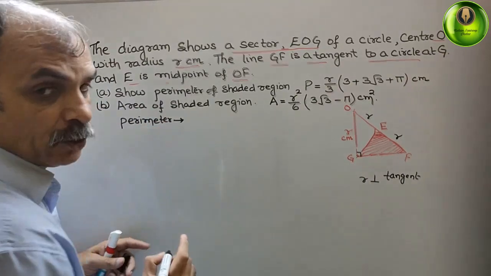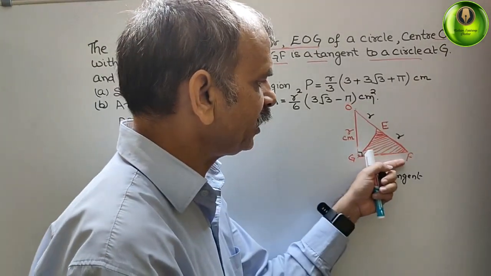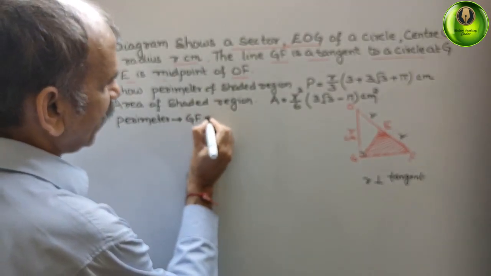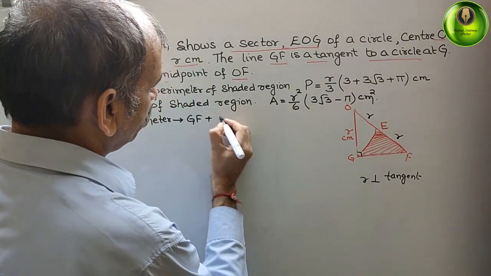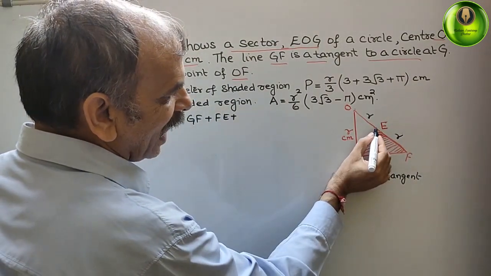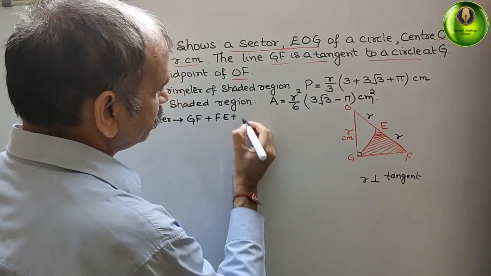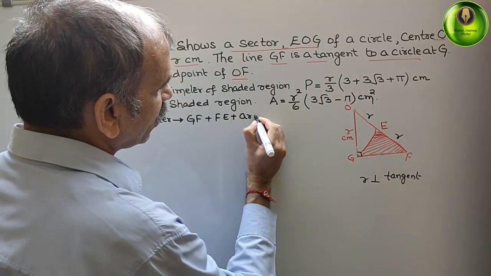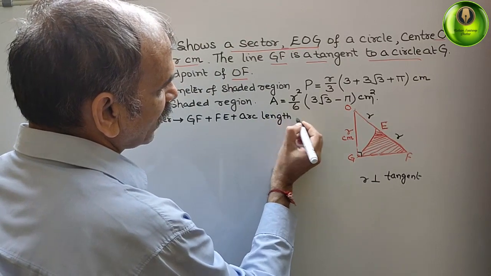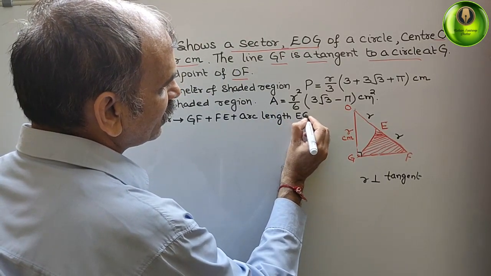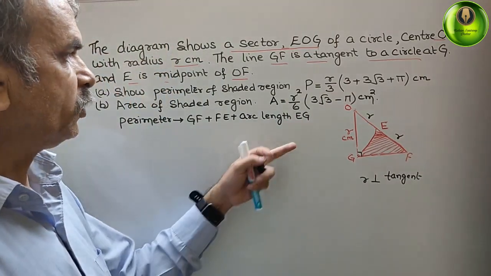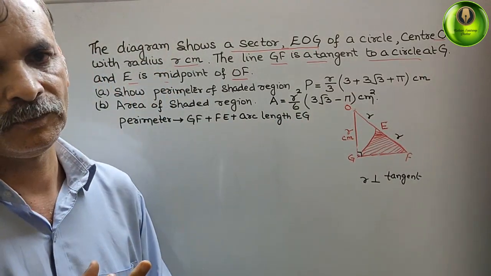The perimeter is GF plus FE plus the arc length, that is EG. So this we have to find out.